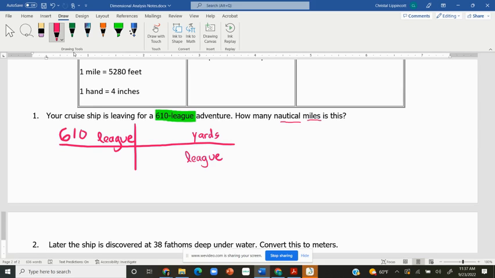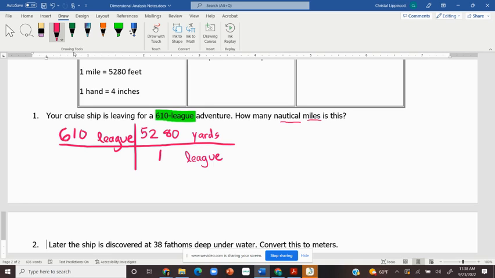So write the units down first, and then go back and look at the chart and see what it says. The chart says that in one league, so I find league and write the one next to it, there are 5,280 yards. So write the units down first and then go back and put the numbers in. I cannot emphasize that enough.